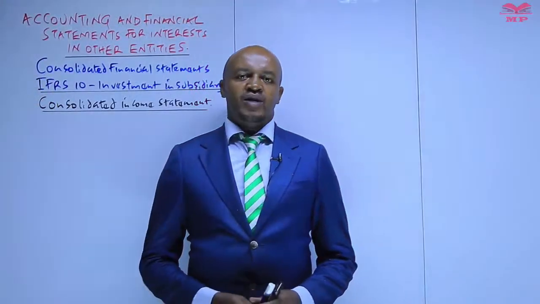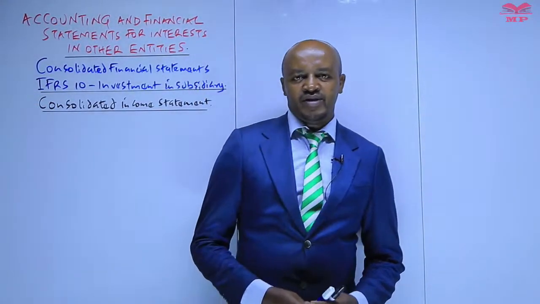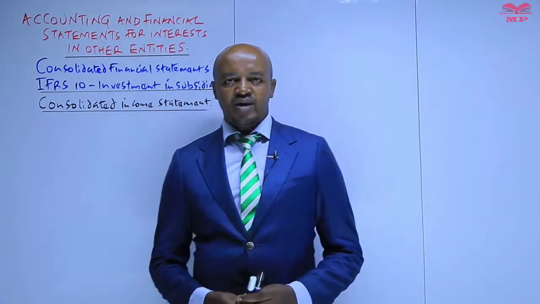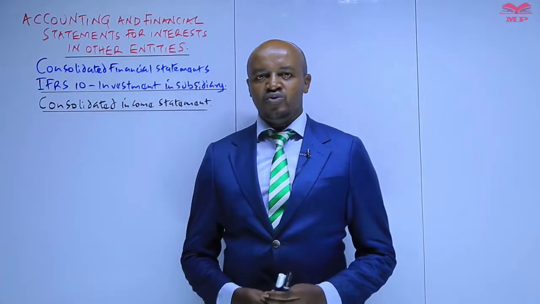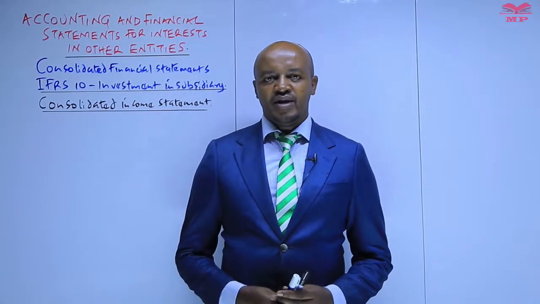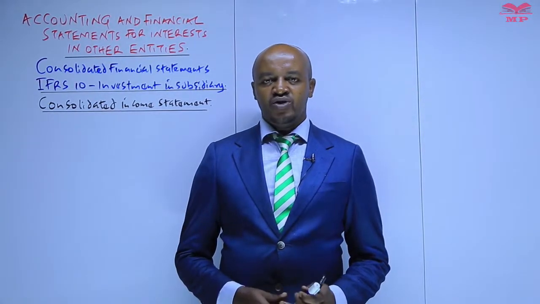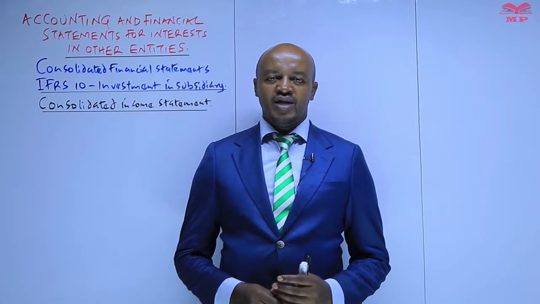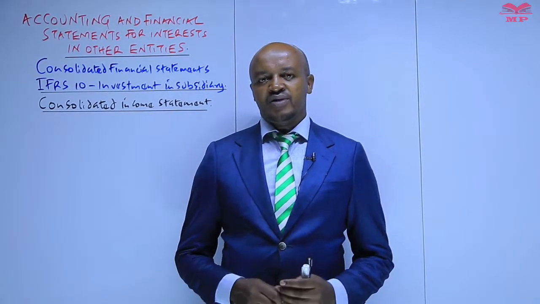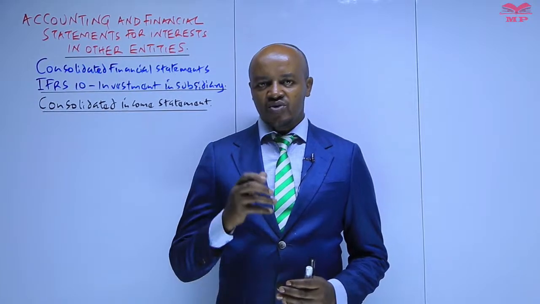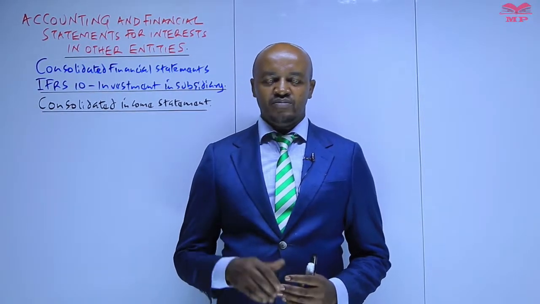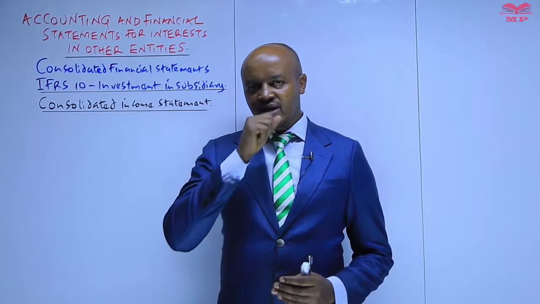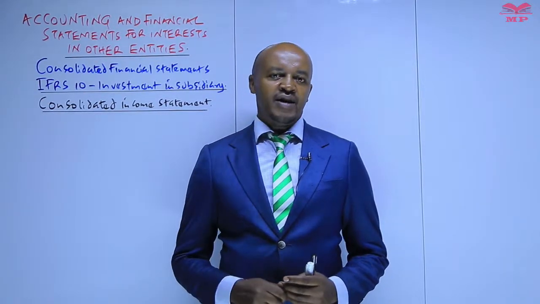Hi candidates, welcome to another session of Manifested online classes. We are still continuing the topic of group accounts, and so far we have looked at how to prepare the consolidated statement of financial position, and the various consolidation adjustments which you need to know, specifically where the parent company has invested in a subsidiary.